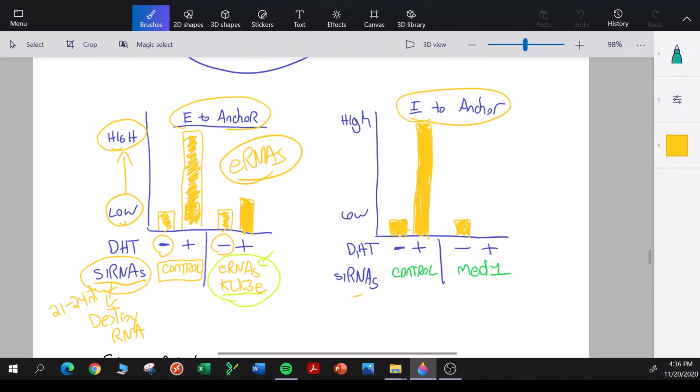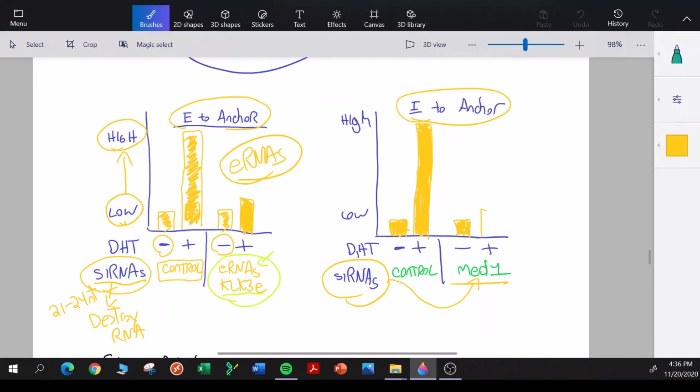Now, when they add siRNAs that match the messenger RNA for a subunit of the mediator complex, the protein subunit is called MED1. When they add siRNAs that cause that MED1 messenger RNA to be destroyed, well, then the mediator complex doesn't work.